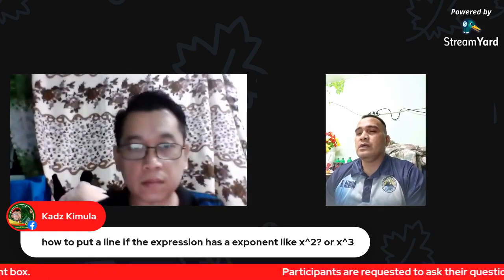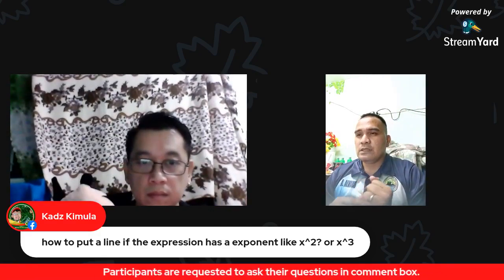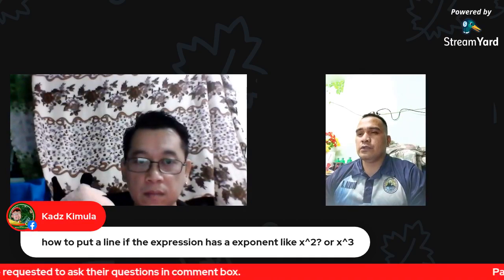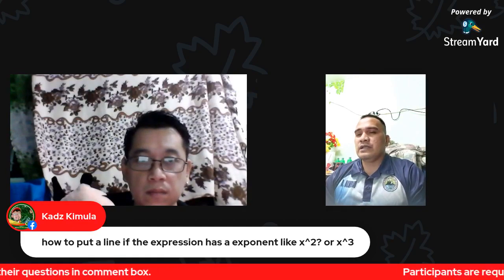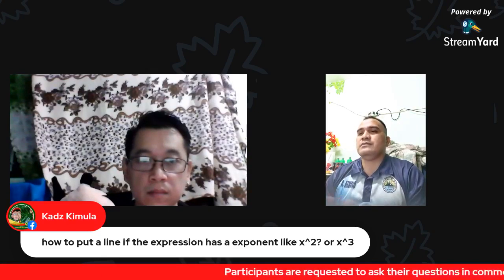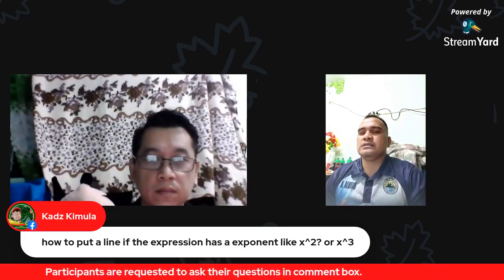For x cubed, we put it at the lower part, then x squared after the gap, then x after the gap, and then the constant after the gap. So that is the answer to the question.